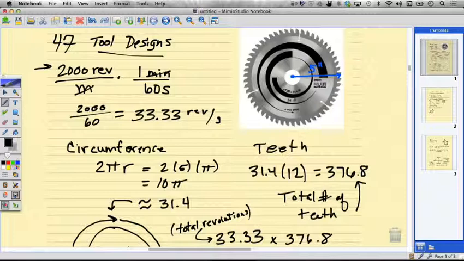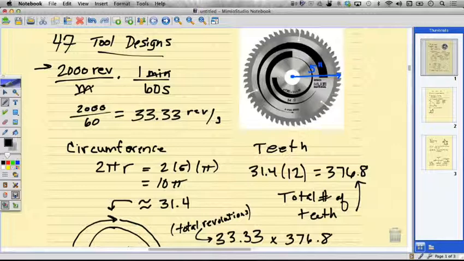So it spins 2,000 times in 1 minute. It also tells me that there are 12 teeth for every inch around the outside of that saw blade. Really small teeth to cut whatever you're going to be cutting. So you can see the picture here.